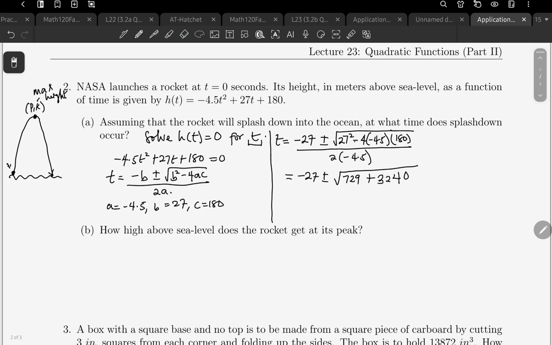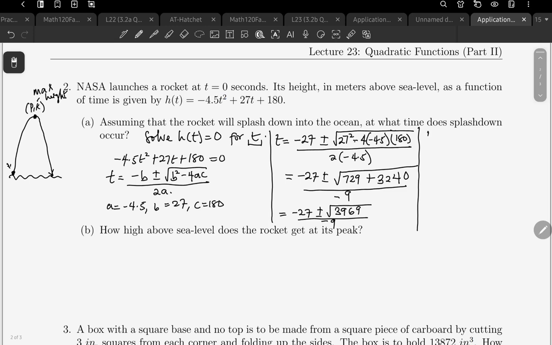Just press that carefully into your calculator and don't make a mistake with the signs. All over 2 times negative 4.5 is negative 9. And this simplifies as negative 27 plus or minus the square root of 3969, if we add this together, over negative 9.